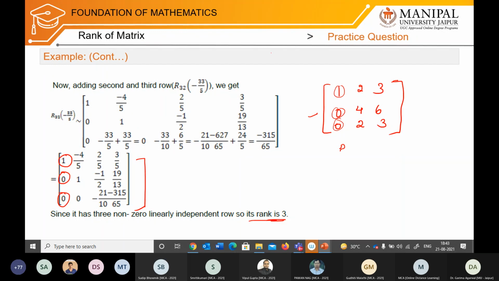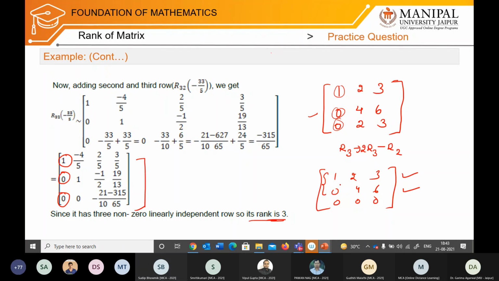But if I apply on R3, that is R3 to 2R3 minus R2, it will convert into 0. Am I correct now? Yes. So in that case your rank is 2, because if you apply further row transformation, any of these two rows will not convert into 0, right?